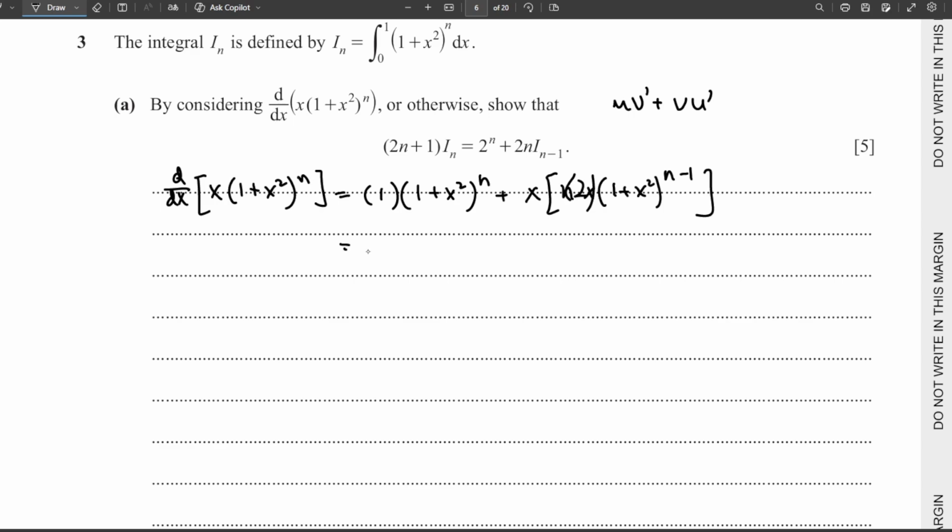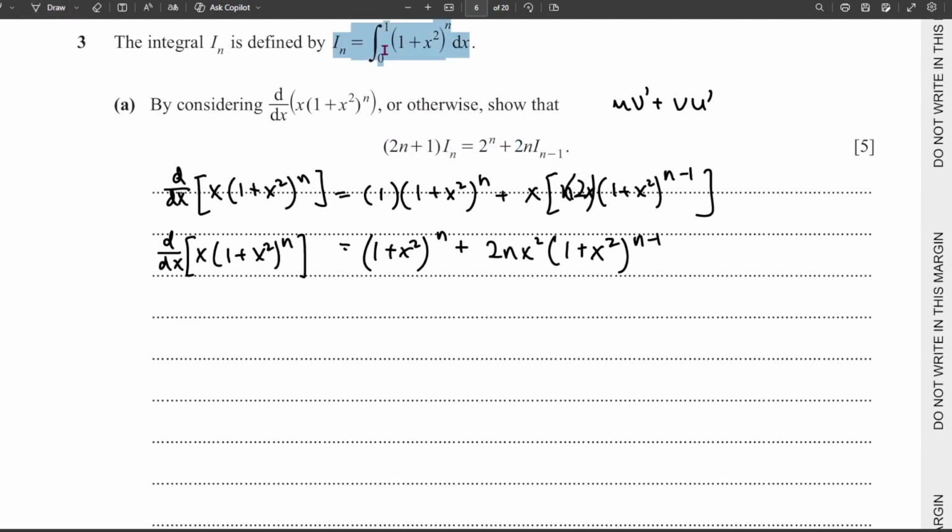We can simplify this a bit. The front term stays the same, and the second term we can rewrite as 2n x^2 times (1 + x^2)^(n-1). On the left-hand side I'll keep it the same for now, because we want to include this integral.